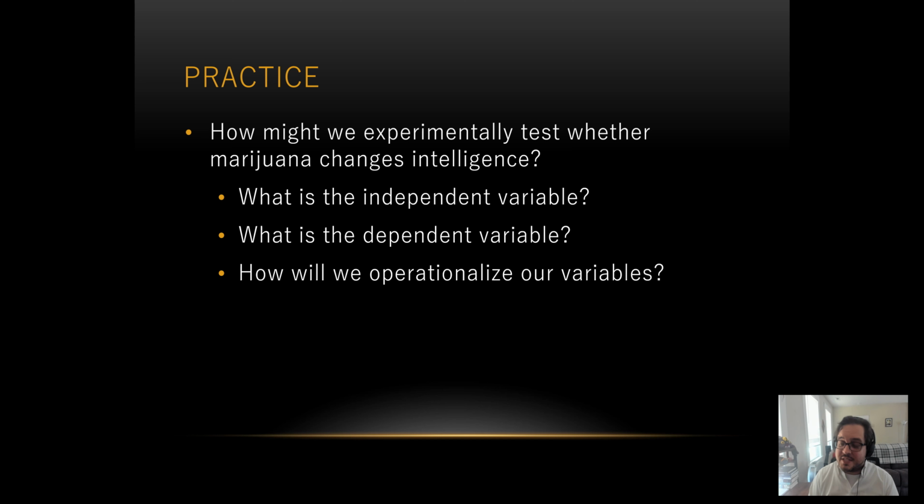Then in terms of intelligence, how would we operationally define intelligence? Well, there is a standard way to do it, and that's through something called an intelligence quotient test, an IQ test. Anyone who has ever taken an intelligence test before, if you've taken one online that you just found on social media, it may not be a real intelligence test. But there actually are the Wechsler's test for children, Raven's matrices for adults.